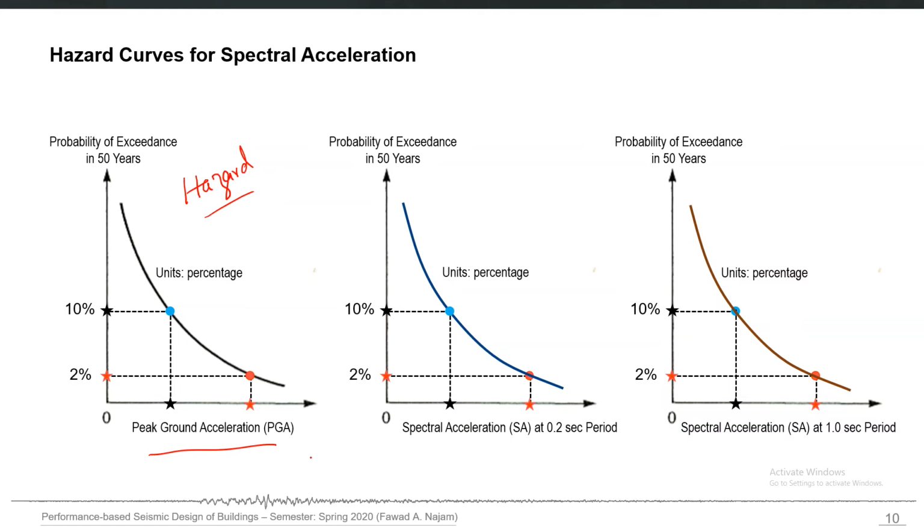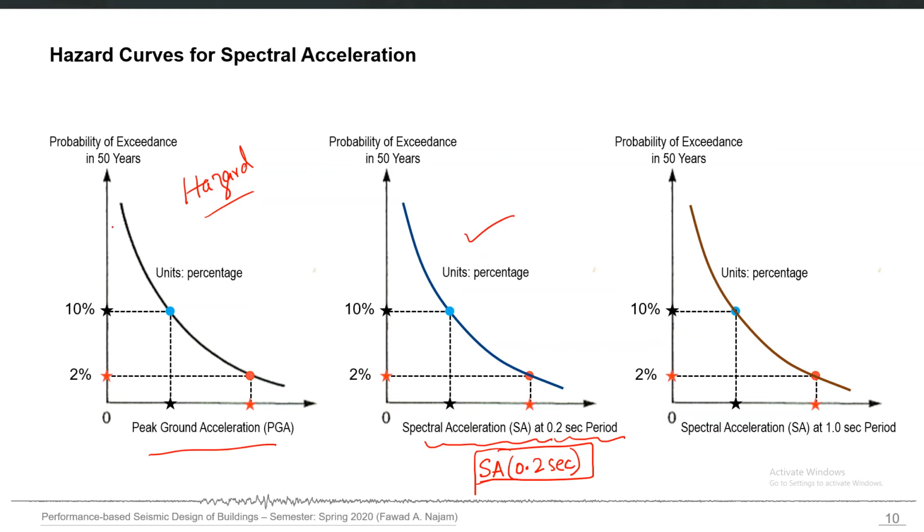But we can also follow the same process and come up with the hazard curve corresponding to spectral acceleration at any particular time period. So this is spectral acceleration at 0.2 second, for example. This number is now considered the hazard parameter in the PSHA process, and a new hazard curve can be obtained.